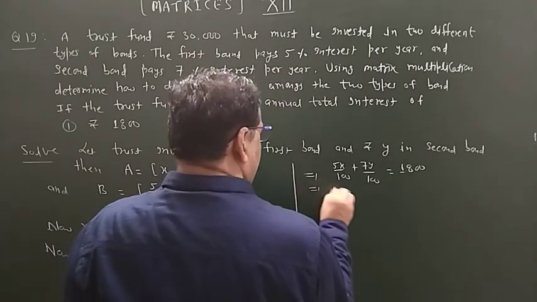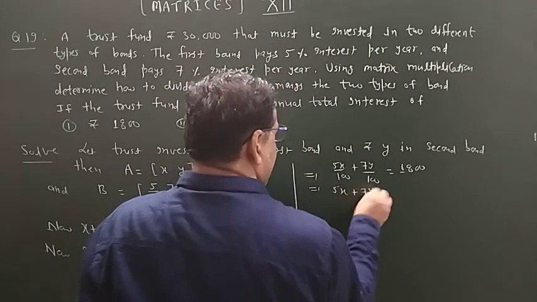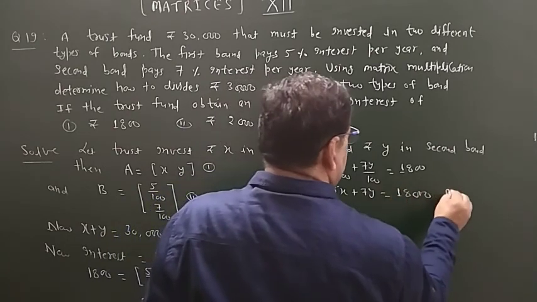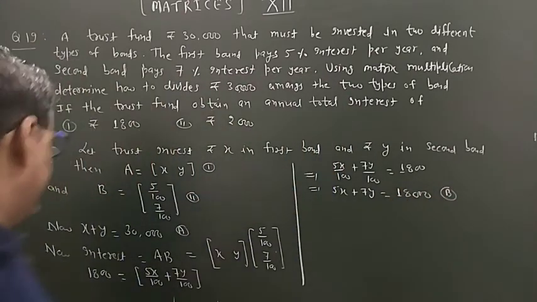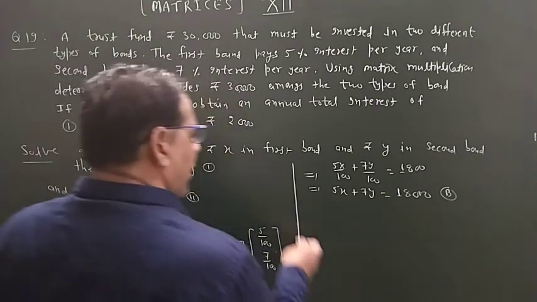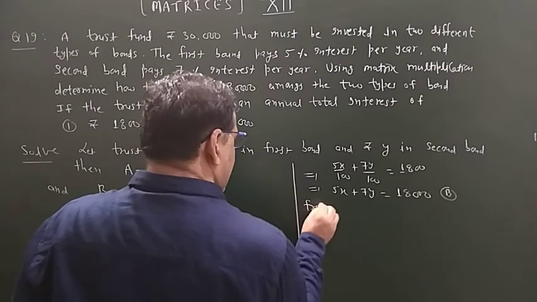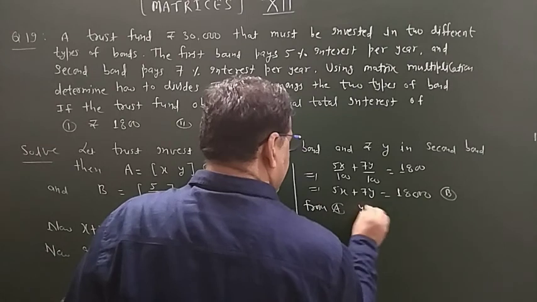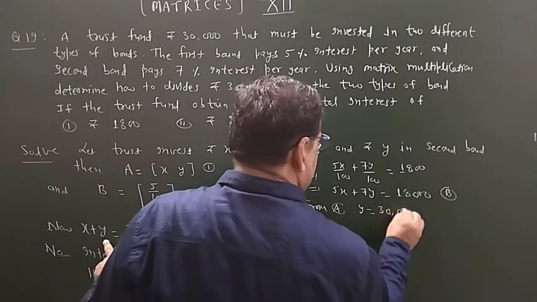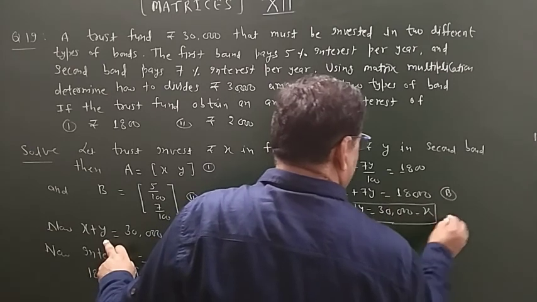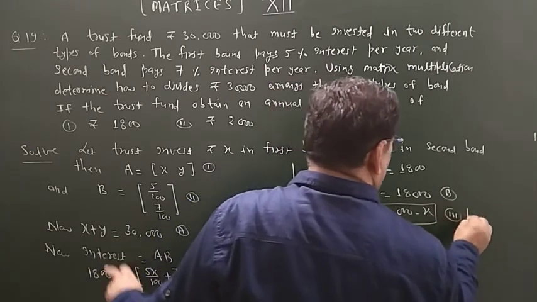That means 5x plus 7y equal to 18,000. This is the second equation. This is the first equation and this is the second equation. Now we solve these two equations. From equation A, y equal to 30,000 minus x. We use the substitution method. This is equation number three.